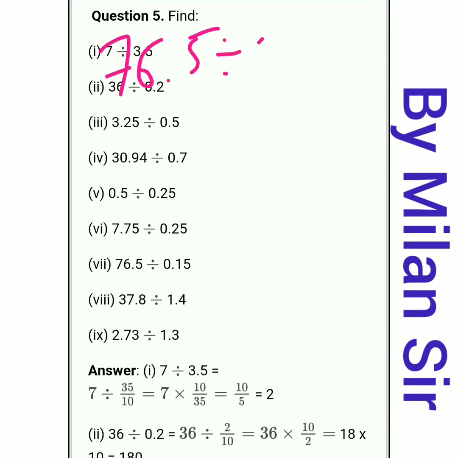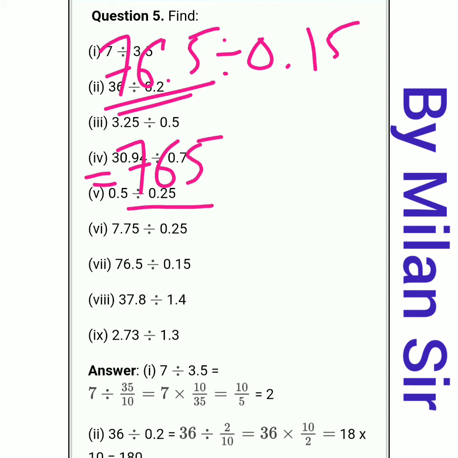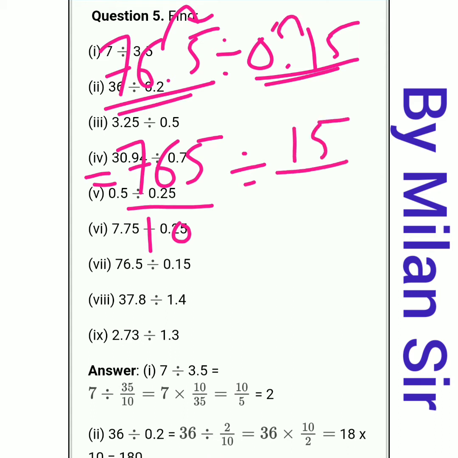Again I repeat this question, 76.5 divided by 0.15. Now we need to convert this decimal number into a fraction, so ignore the decimal point. After the decimal point we have only one digit, so in the denominator we write 10. This division remains as it is, and we convert 0.15 into a fraction: ignore the decimal point, it is 15 over 100, since we have two digits after the decimal point.